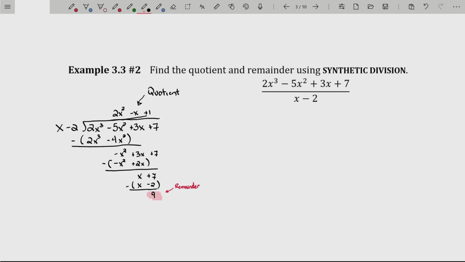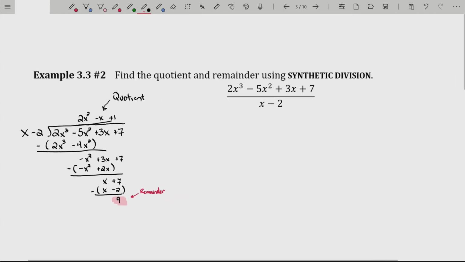And the remainder is 9. Remember what that means. It means that this division ends up being the quotient, which is 2x squared minus x plus 1, plus the remainder over the divisor. So that's what that fraction actually turns into.